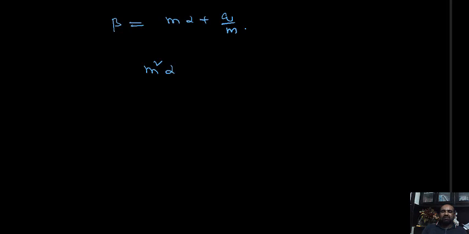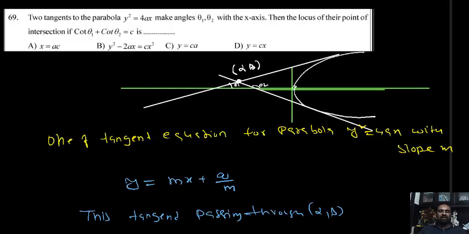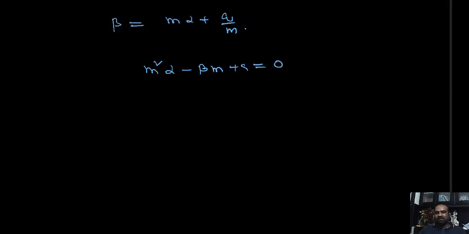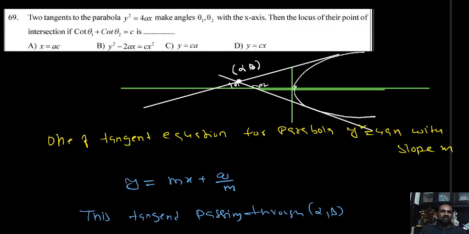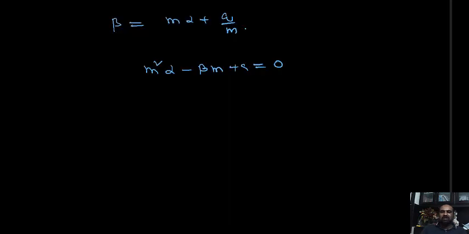In other words, m squared alpha minus beta m plus a equals 0. Students, two m's are involved: one m is the slope of one line, another m is the slope of the other line. We want the relationship between alpha and beta with the condition cot theta 1 plus cot theta 2 equals c.